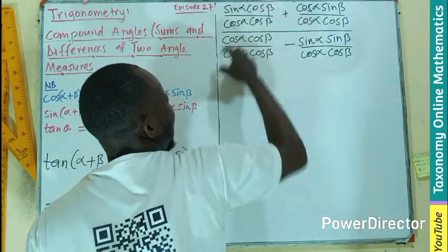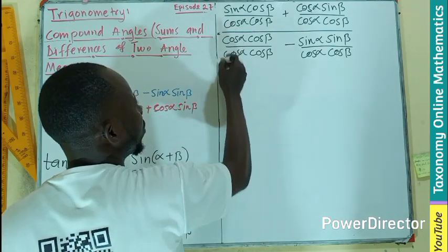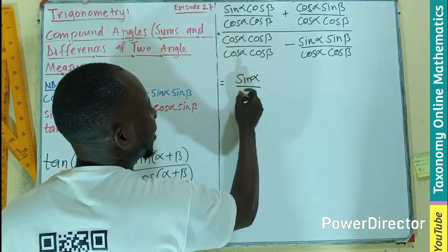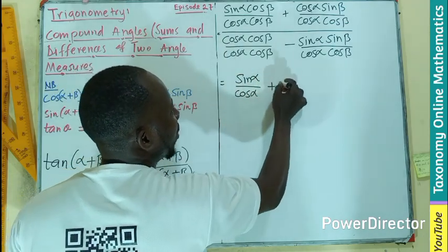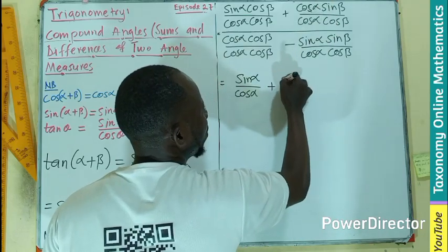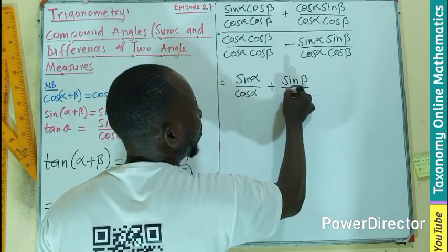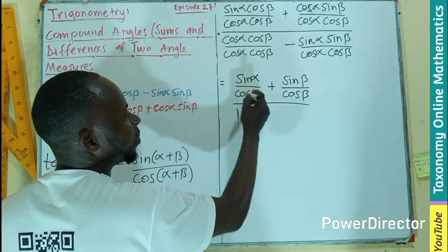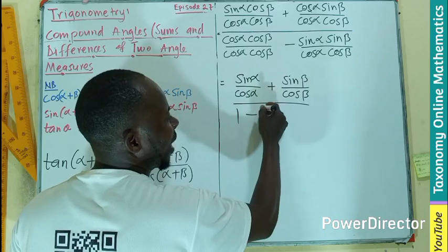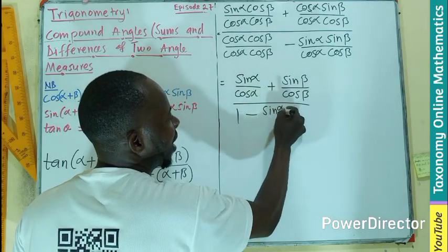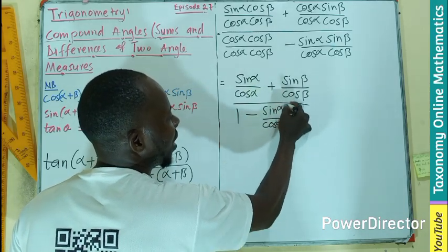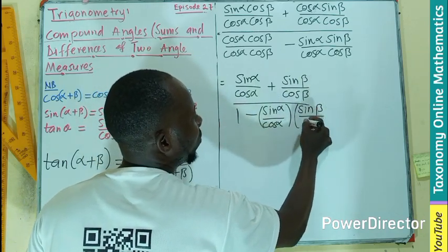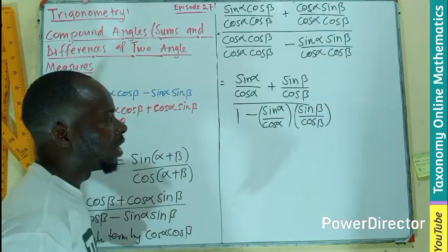So if I cancel this, I should be left with only sine alpha over cos alpha, plus, this and this cancel, sine beta over cos beta, divided by 1 minus, these are multiplying, so I can make it sine alpha over cos alpha multiplying sine beta over cos beta. I guess I can do that.